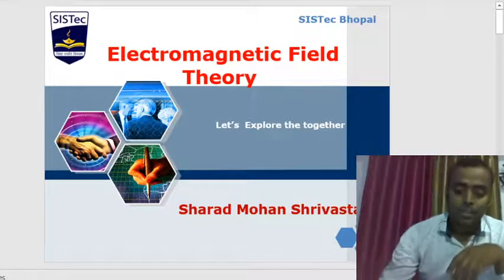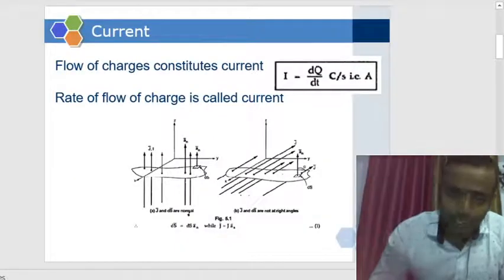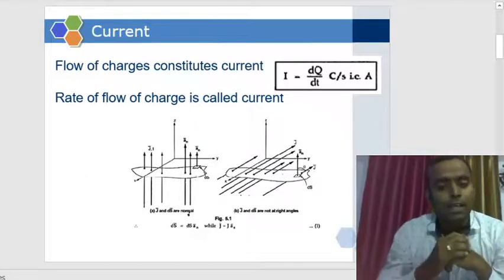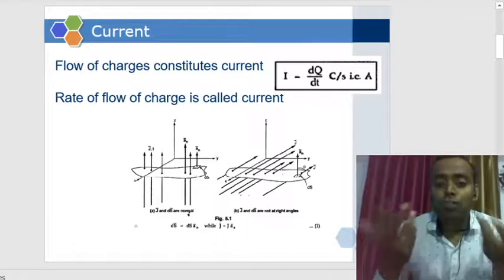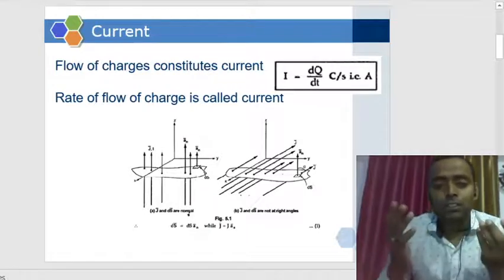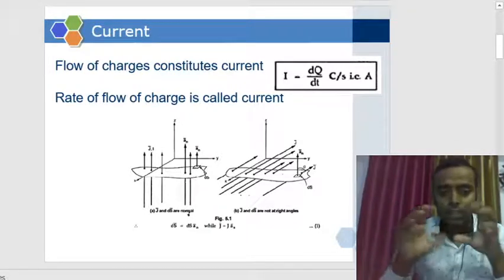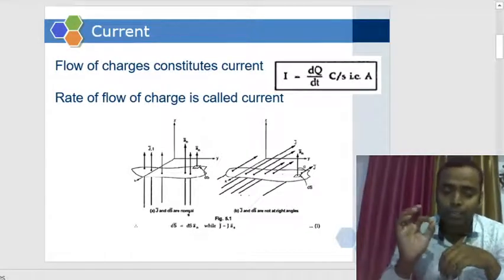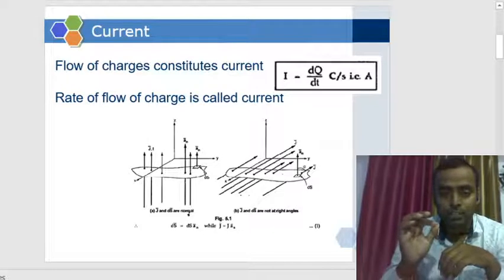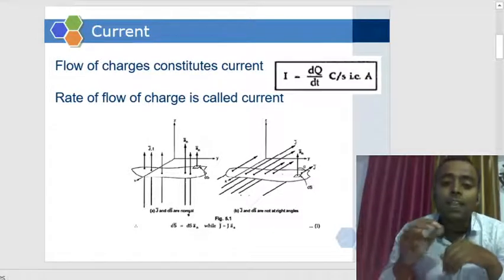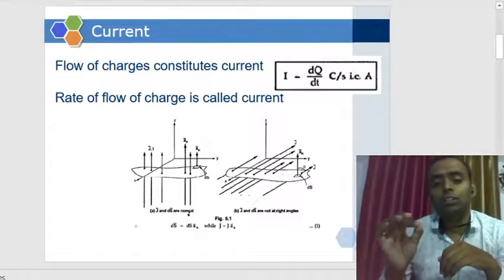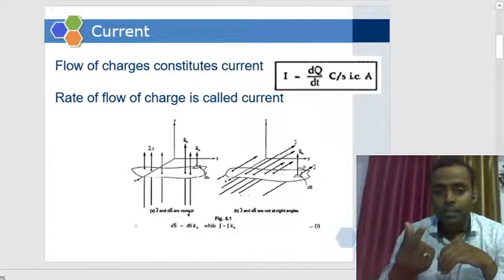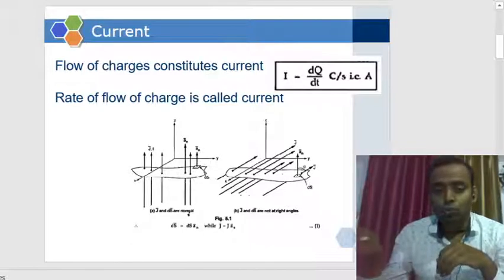Okay. So what is current? The question comes in our mind, what is current? Basically the flow of charges constitutes the current. चार्ज का फ्लो होना करंट बनाता है. To be very precise, as per the definition, it is the rate of flow of charge that is called current. पर यूनिट टाइम में एक चार्ज कितना फ्लो होता है, दैट इज करंट.